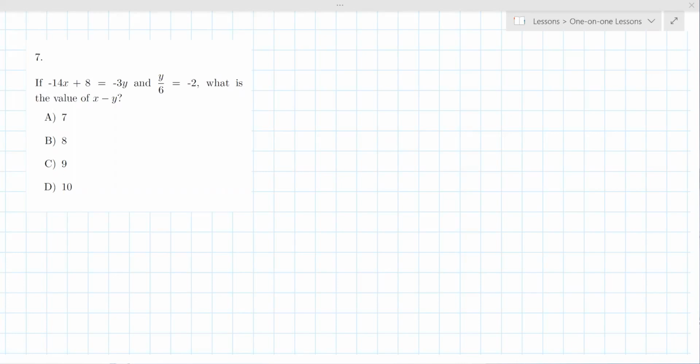D. Checking. I didn't actually. Yeah, it is D.